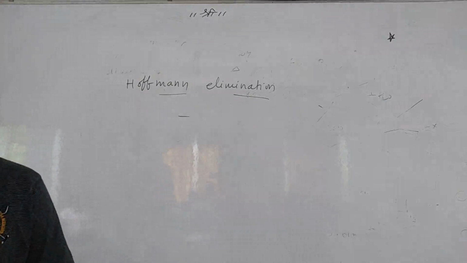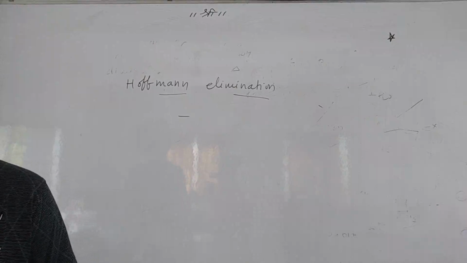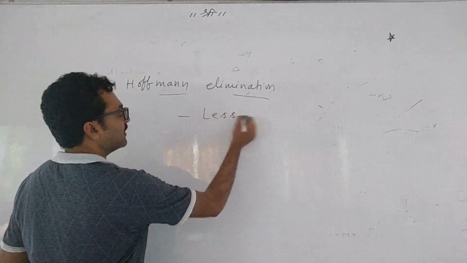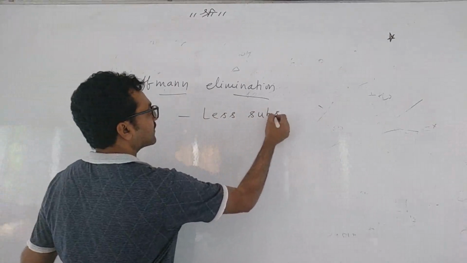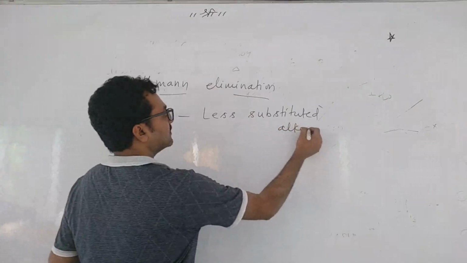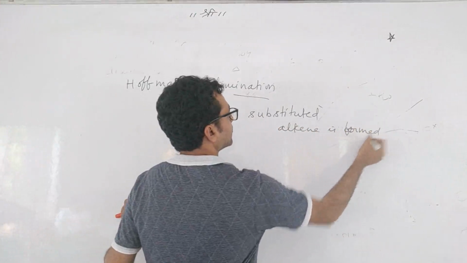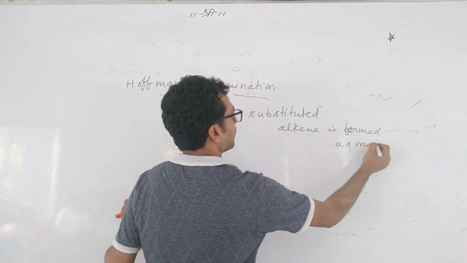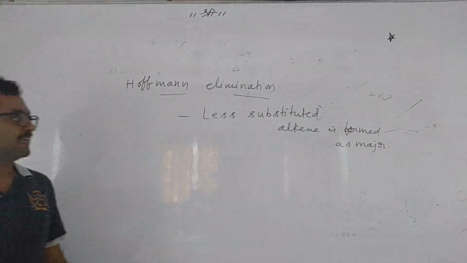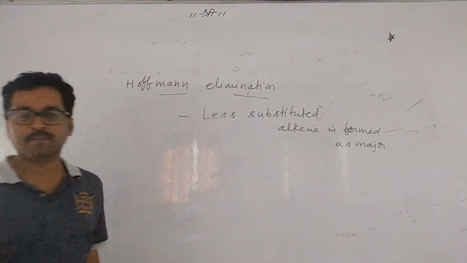In an elimination reaction, if there is a chance of more than 2 alkenes, then what happens? Less substituted alkene is formed as a major product. When there is a chance of more than 2 alkenes in an elimination reaction, then the least substituted one is formed as a major one.